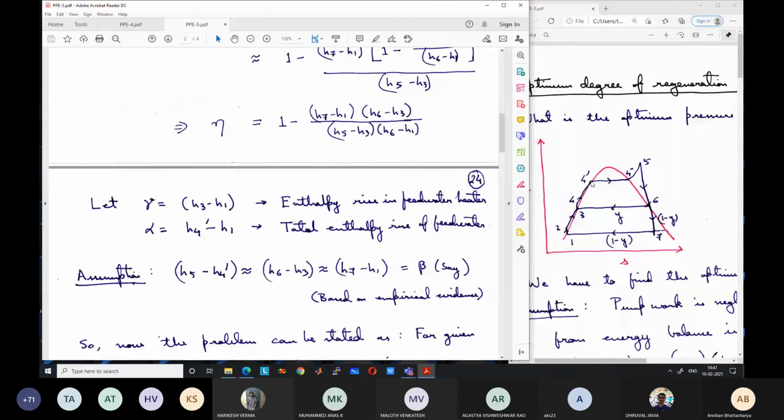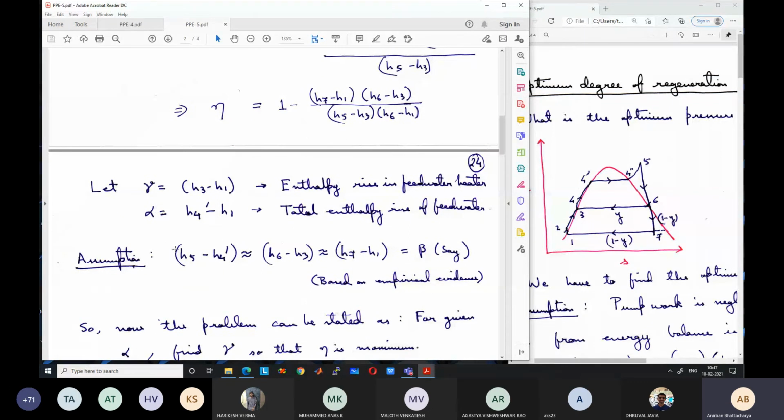Now we will take a very crude assumption. There is not a very strong basis for it, it is just based on empirical evidence and it induces some inaccuracy, but it is the only way to calculate the approximate optimum pressure.